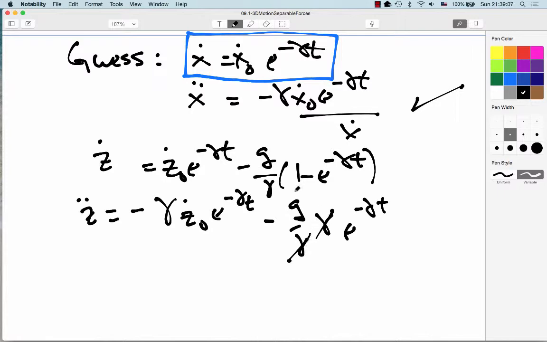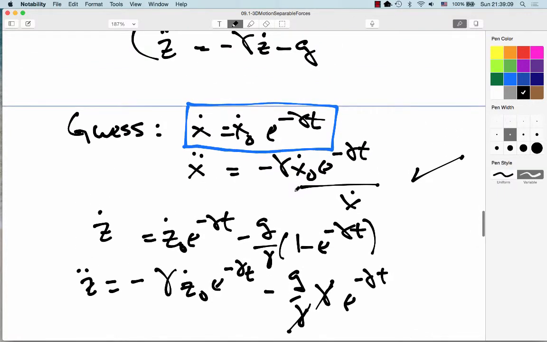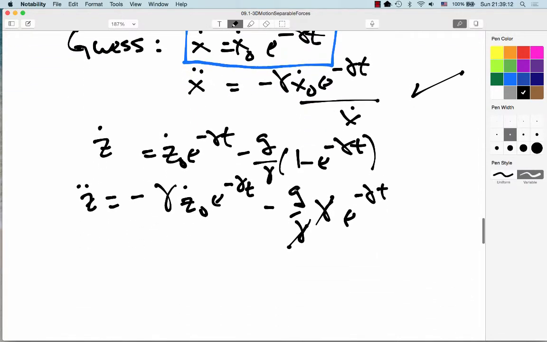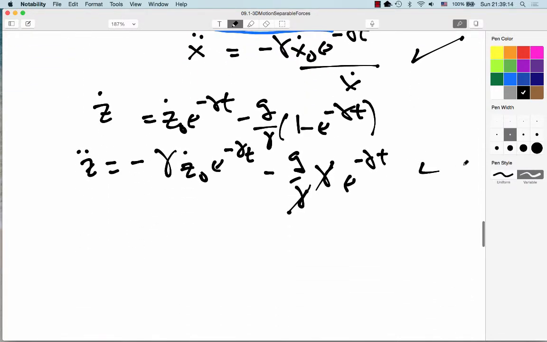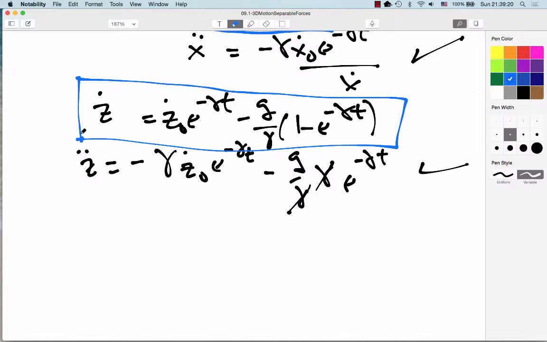And if I stick that back into the differential equation, it works. So, yay, that was my solution.